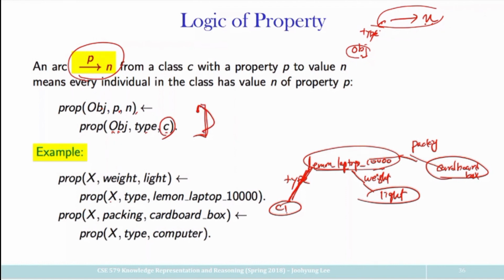So C1 is actually a particular computer, as long as we know that this is a type of Lemon Laptop 1000, we know that it is lightweight and its packing is cardboard box. And you can do this with many other computers here.